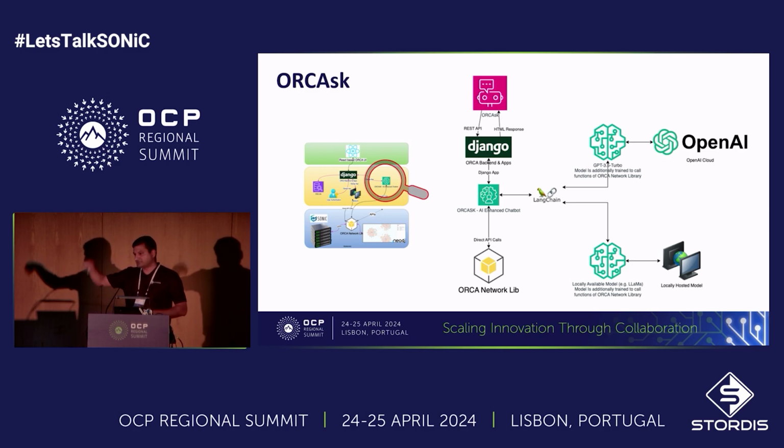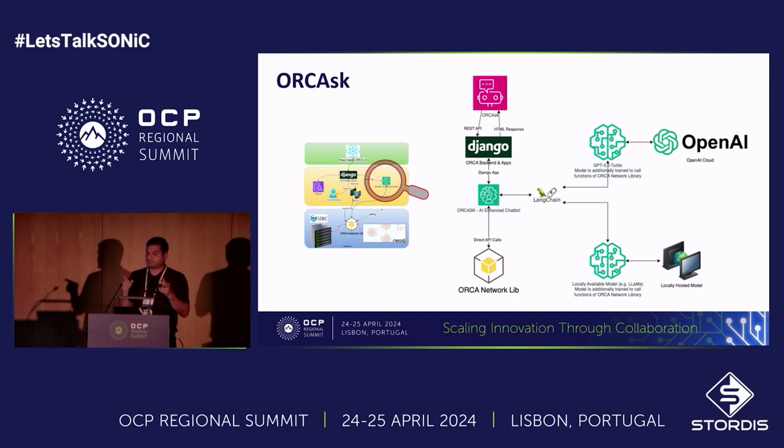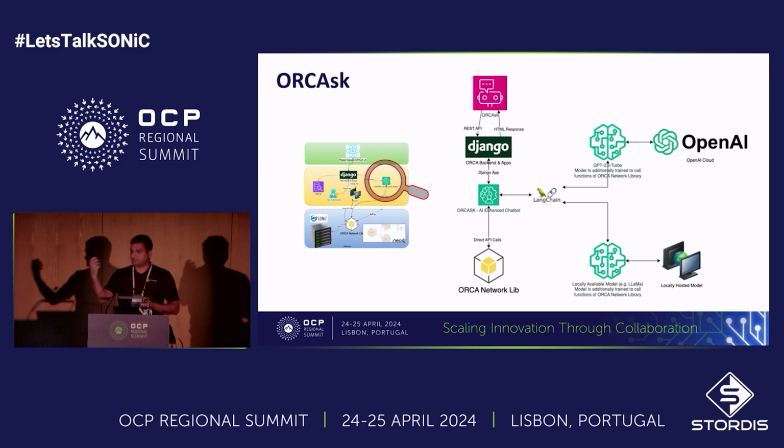So it searches the ORCA network library APIs which are responsible for configuration of the VLANs, especially the VLAN members. It retrieves the information, understands that it is member Ethernet 0 it is speaking about, passes that as a parameter, and it will get the things done.